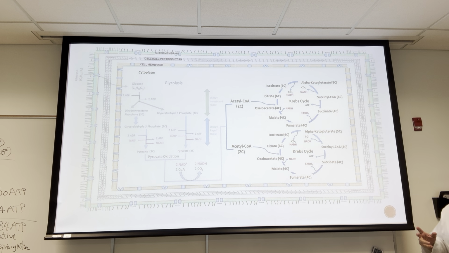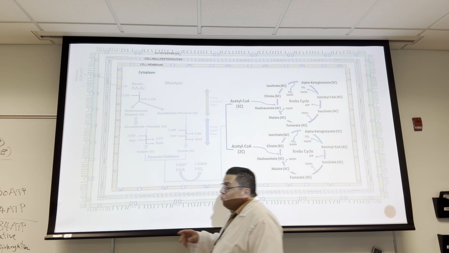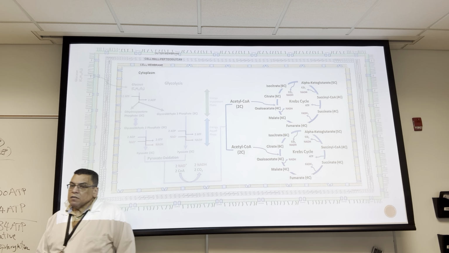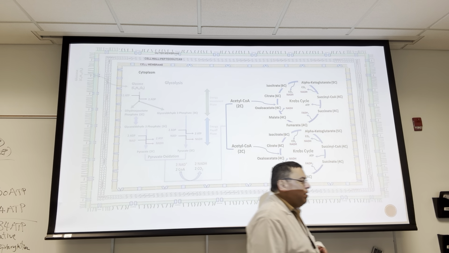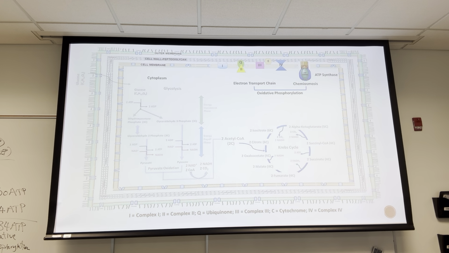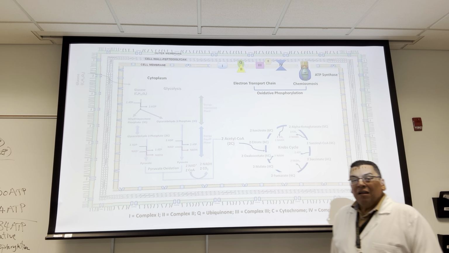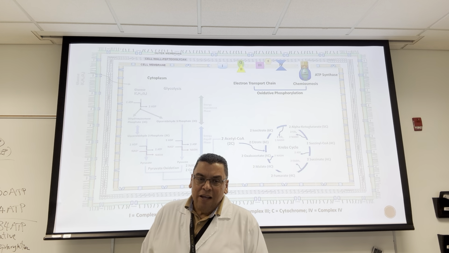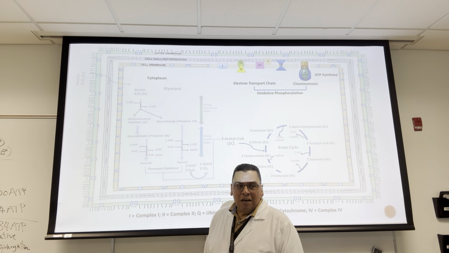So now I'm about to show you how the trucks make the 34 ATPs by oxidative phosphorylation. The machinery for oxidative phosphorylation in bacteria is located in the cell membrane.